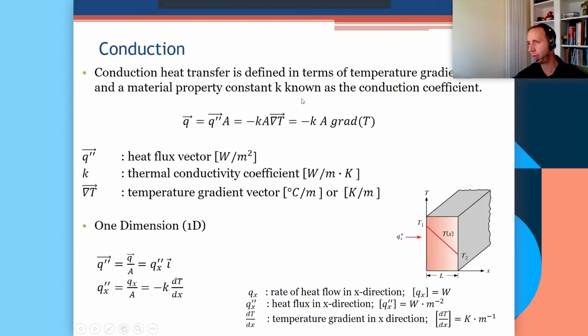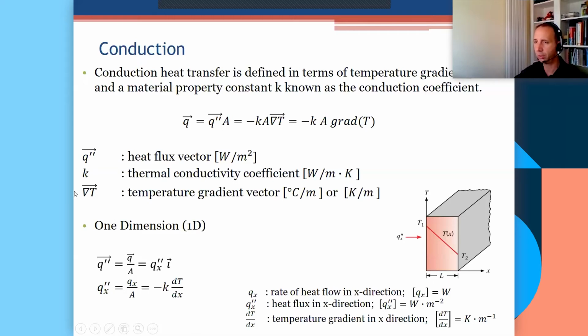K, you can get the units simply by dividing the units of Q by units of A and the units of gradient of temperature. A gradient is defined, the easiest way to look at it is in one dimension. It's dT over dx. It's the first derivative of temperature with the space dimension x, within the direction where temperature changes.